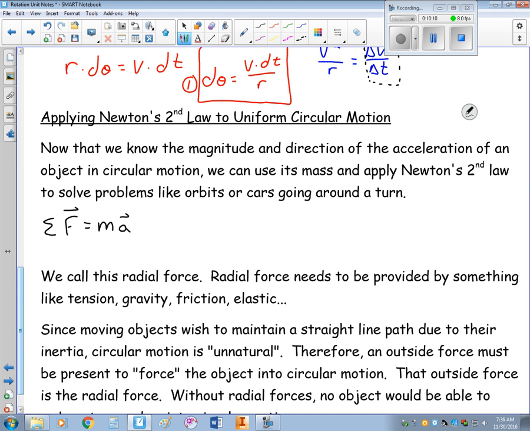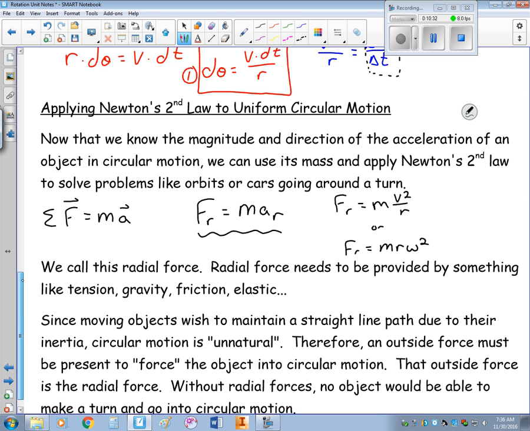So what I can say is that the radial force equals mass times the radial acceleration. So that gives me two possibilities. I just plugged in the formula for radial acceleration.